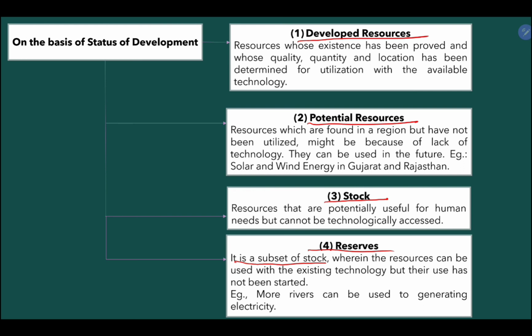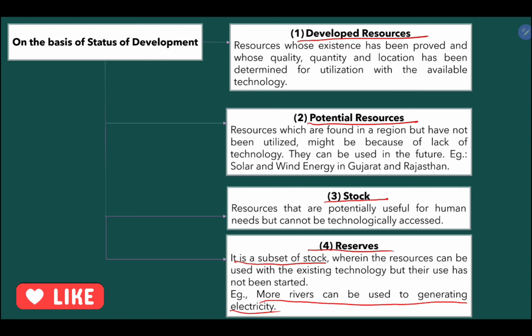So we are reserving some resources for future need. For example, rivers can be used for generating electricity. We have the technology to take electricity from the rivers, but still we are holding that for future purpose.